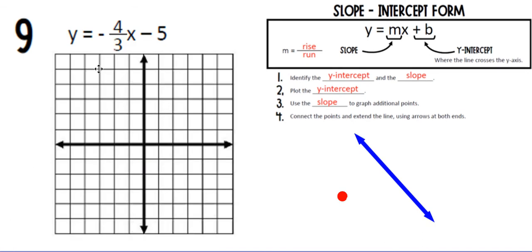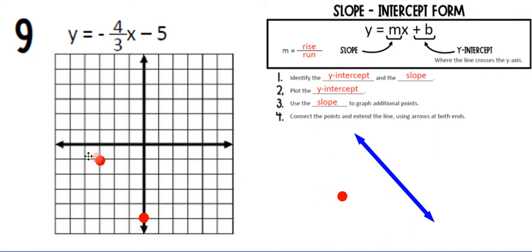Our final example, -4/3 x, so it's going to be falling, and it's going to cross at -5. So it's got to fall. So my rise is 4, so I'm going to rise 4. 1, 2, 3, 4. If it was positive, I'd go to the right, but it's negative, so I'm going to go to the left.